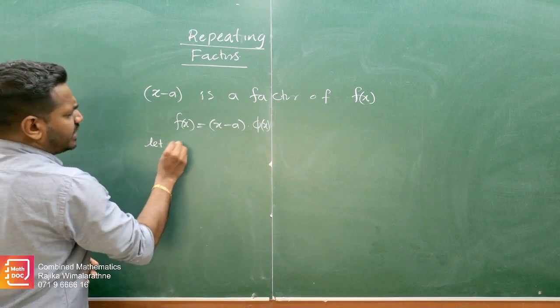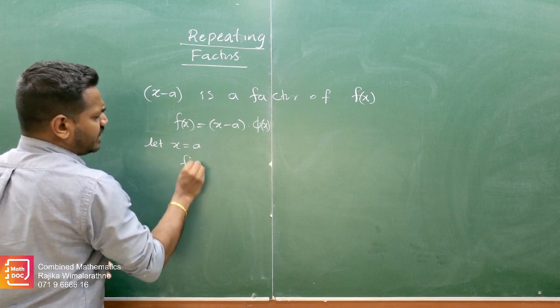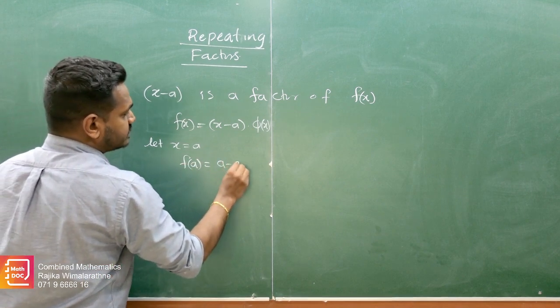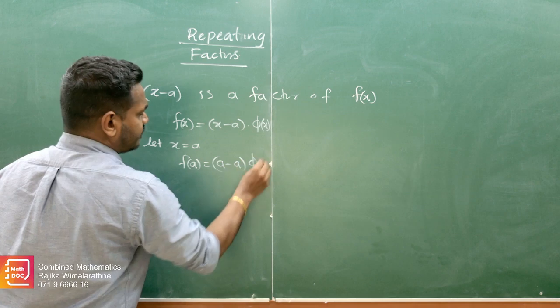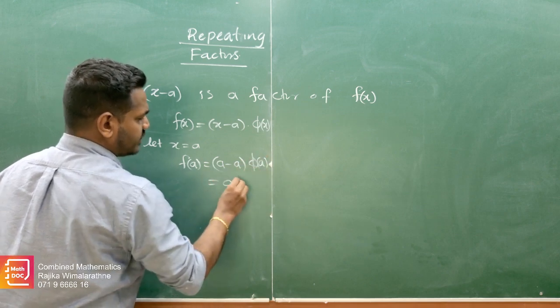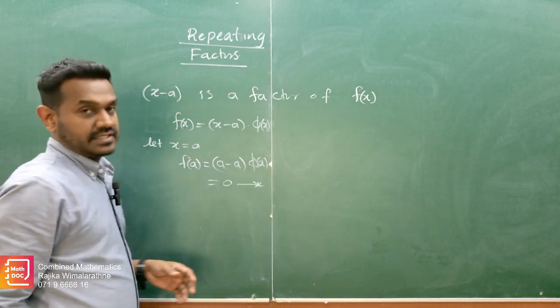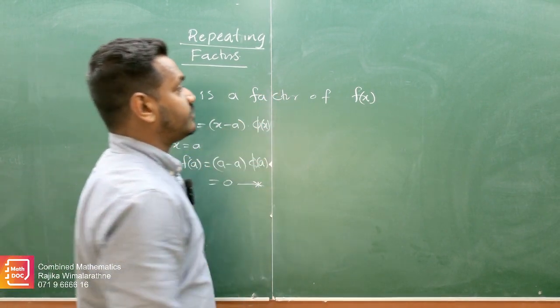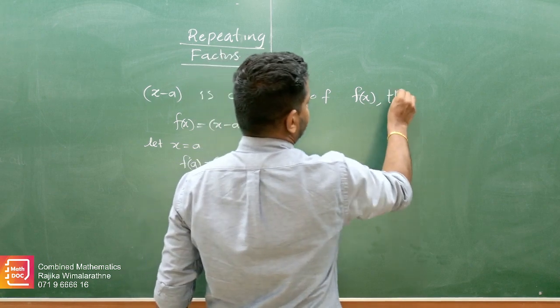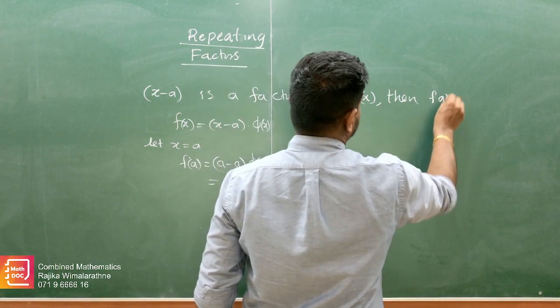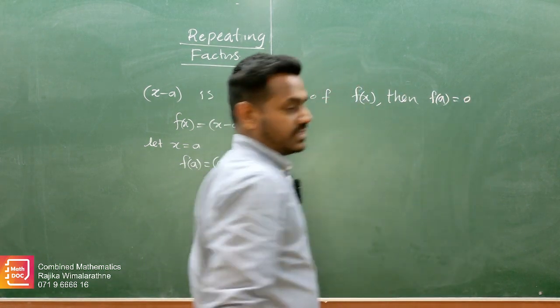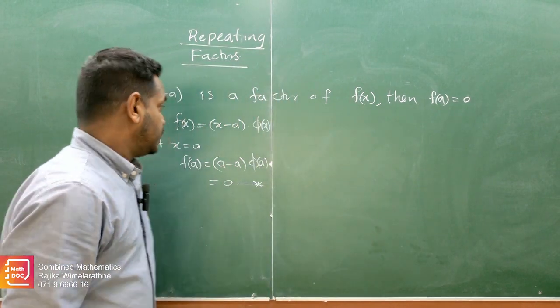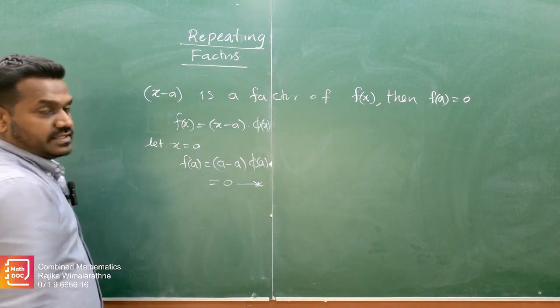So when x equals a, we get f(a) equals (a minus a) phi(a). We get a 0 result. We call that the factor theorem. If x minus a is a factor of f(x), then f(a) equals 0. This is the factor theorem, and we call this a linear factor.